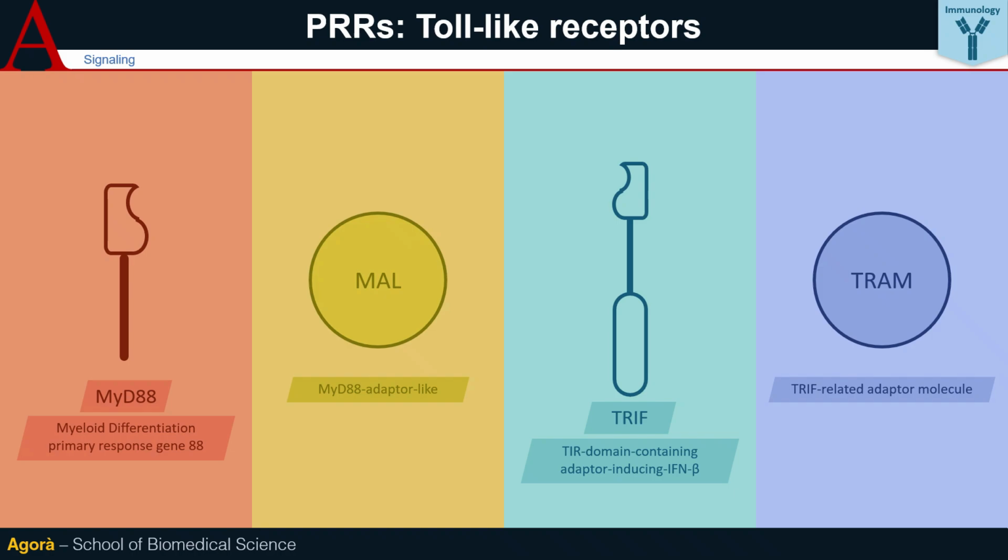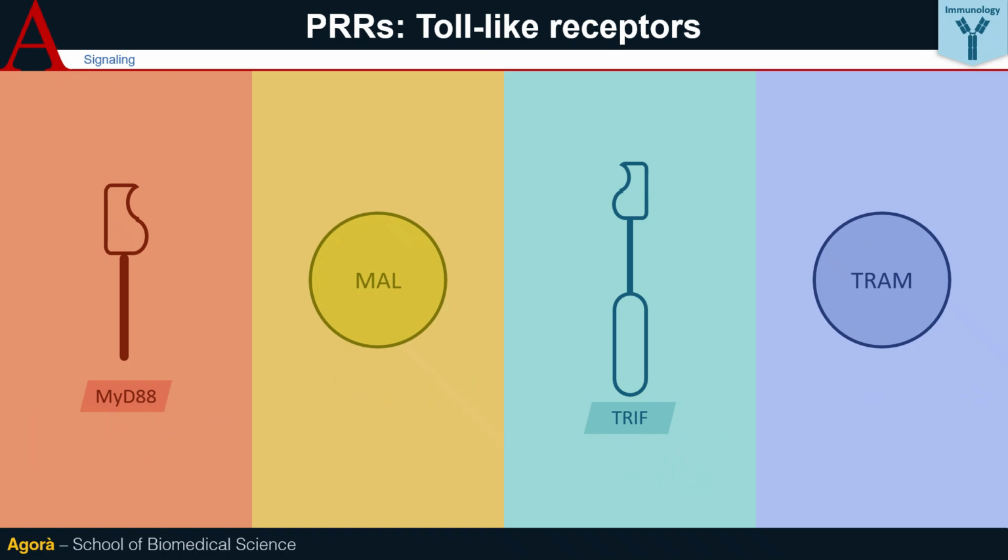TRIF, TIR domain containing adapter inducing IFN beta. TRAM, TRIF related adapter molecule. The choice of adapter determines the downstream effect.